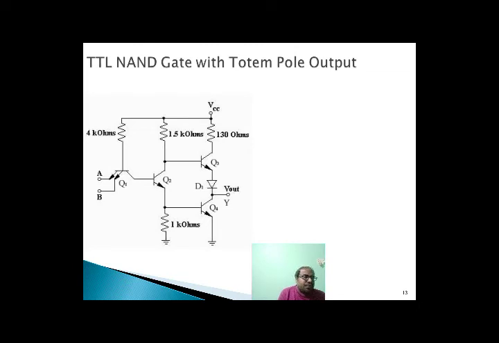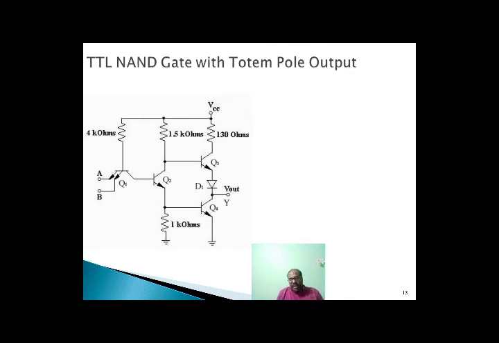The collector of Q2 is high and turns Q3 into saturation. Since Q3 is in emitter follower configuration, it acts like an emitter follower by providing a low impedance path from VCC to the output, making the output high.